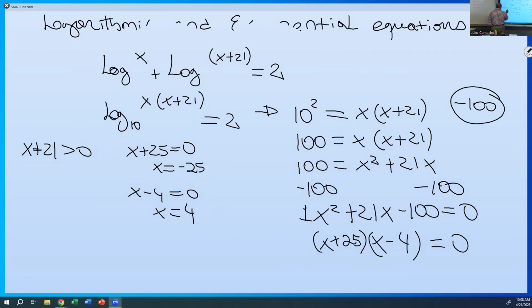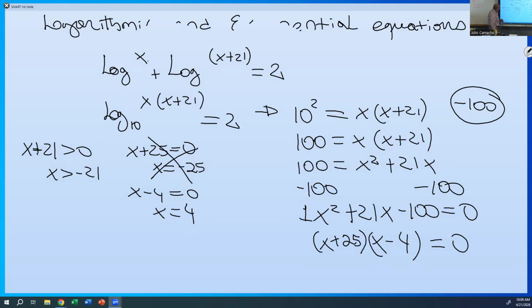I subtract 21 from both sides, and I have that x is greater than negative 21. So on the number line, is negative 21 greater or less than negative 25? Greater. So then negative 25 is disqualified because it's out of the domain.